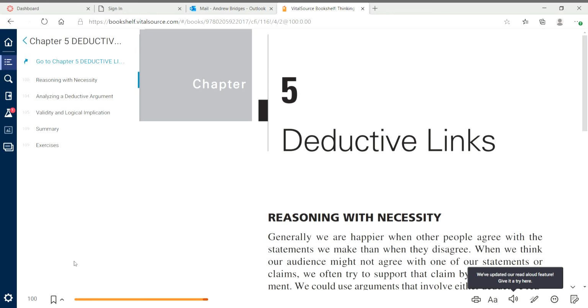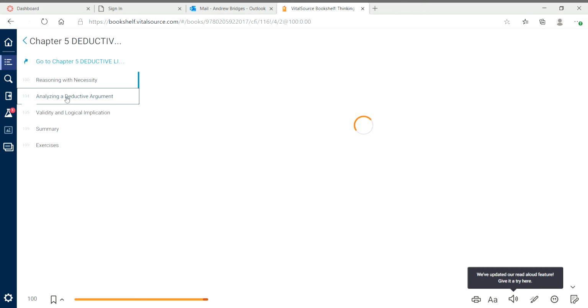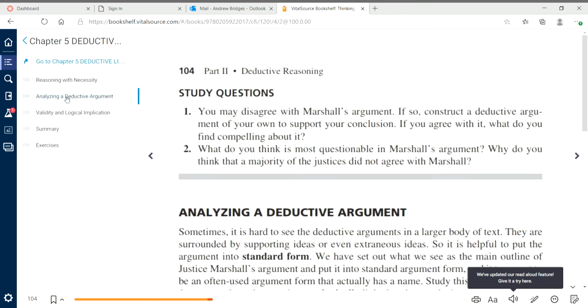I believe this is the only reading they will have. So definitely do this, and let's skip to that right now. And there are two study questions related to this. The justice that is arguing is Justice Marshall. And let's look at the study questions.